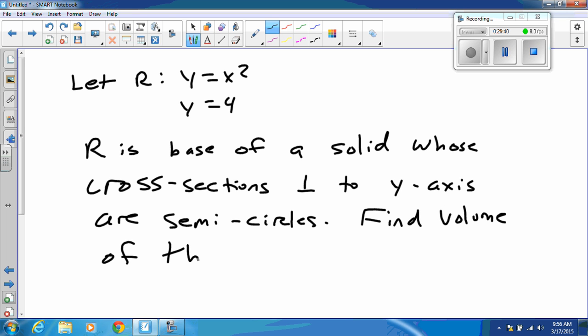Find the volume of this solid. I'd like for you to take 2 minutes to do this problem on your own, and then another 2 minutes to discuss it with a friend sitting next to you. Go.